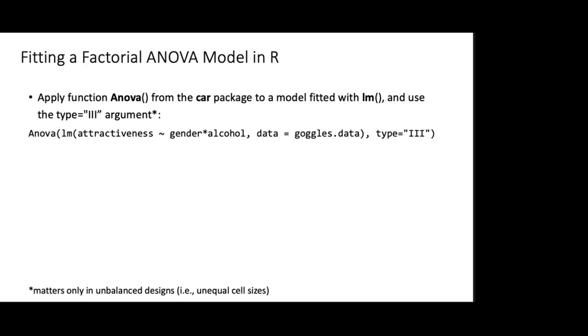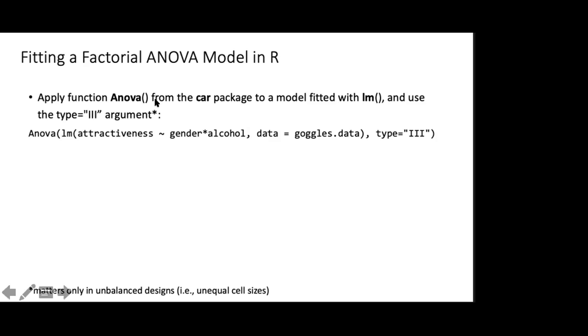And type 2 only makes sense if you're 100% sure that there's no interaction. Then type 2 is more powerful, but otherwise don't use it. And type 1 is basically this hierarchical regression approach, right, where you do this stepwise. Hierarchical model building depends on the order of your factors. So that is also only meaningful in certain cases, and don't use it if you're not sure whether it's correct or not, right?